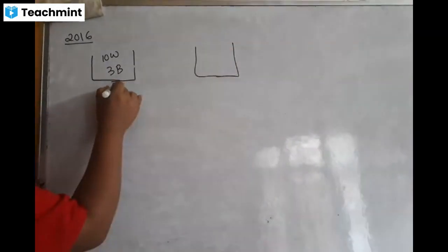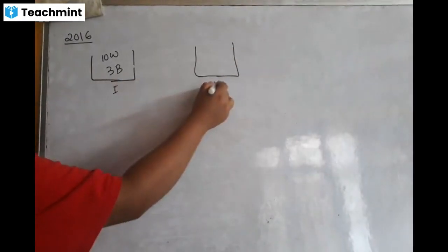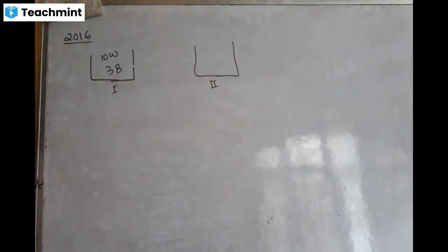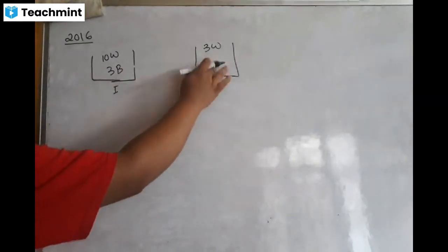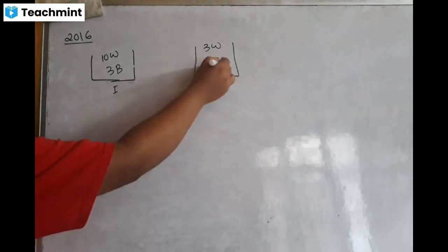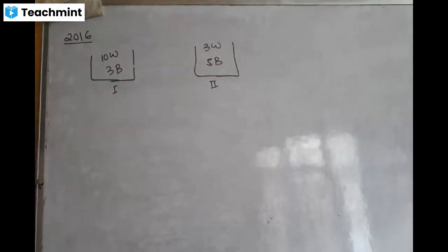Let us say this is bag 1 and this is bag 2. And another urn contains 3 white and 5 black. This is an ISC 2016 question for 4 marks.